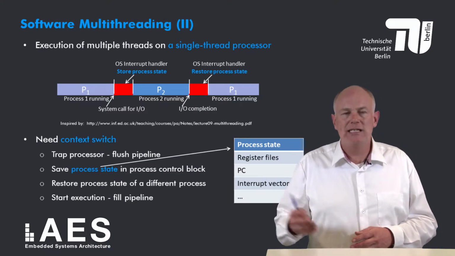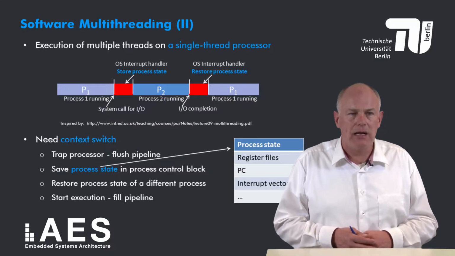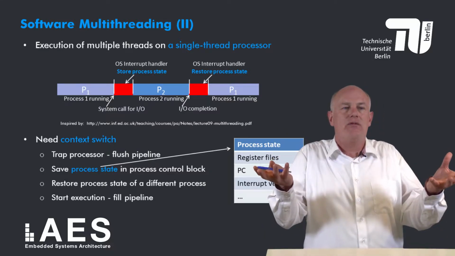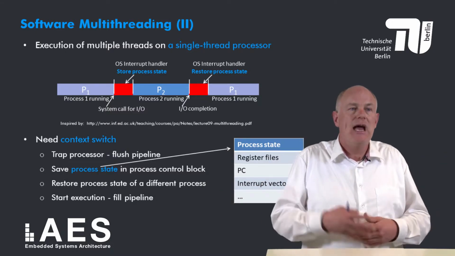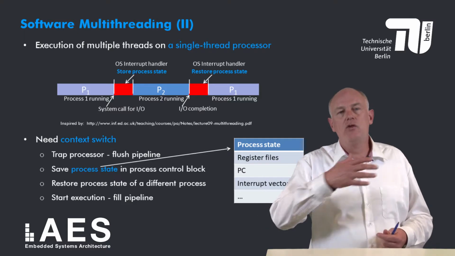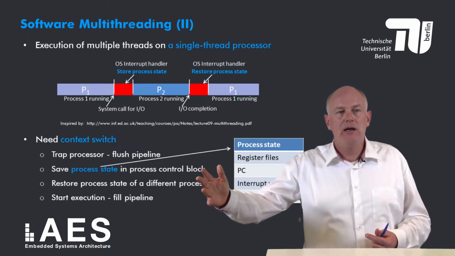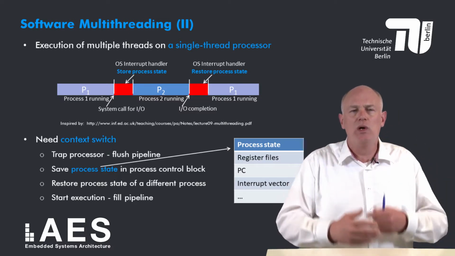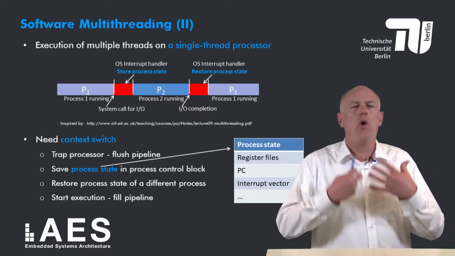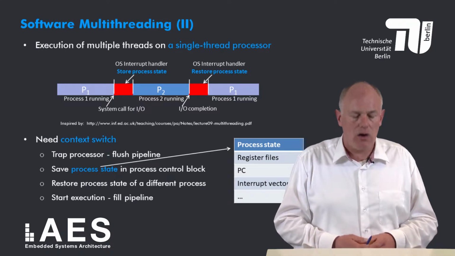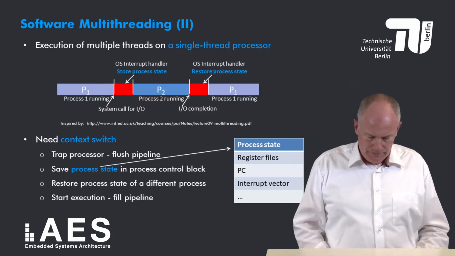At least that's what it said in the Linux source the last time I looked at it. And we need to restore the process state of a different ready process and start its execution. That means we need to flush the pipeline, we need to fill the pipeline again, and also the caches will not be warmed up, and this all contributes to the high cost of a context switch.